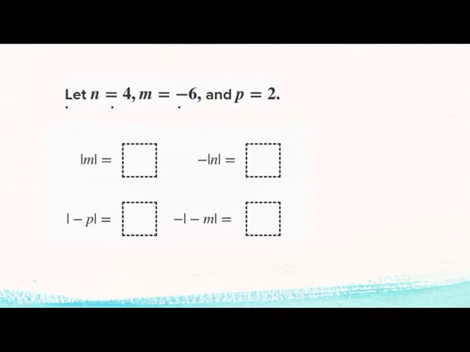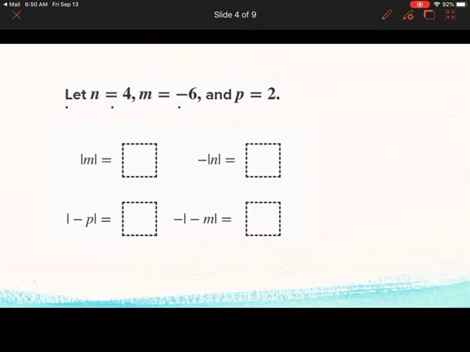So let's try. Let n equal 4, m equal -6, and p equal 2. So this says the absolute value of m. So the first thing I'm going to do is just substitute the m out and put the -6 in. So the absolute value of -6, the distance from -6 to 0 on a number line is 6. So that becomes positive.